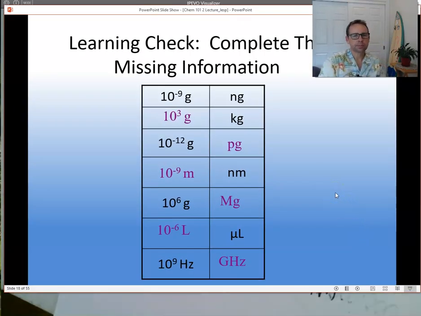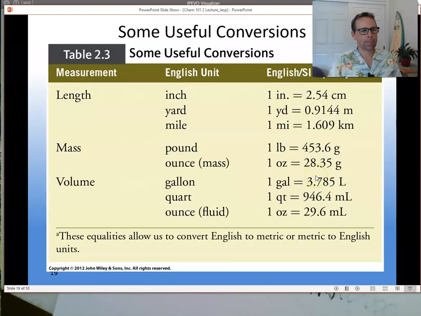Okay. Now, it's often important and required for us to convert from, for example, feet to yards, or miles to inches, or inches to meters, or centimeters to inches.